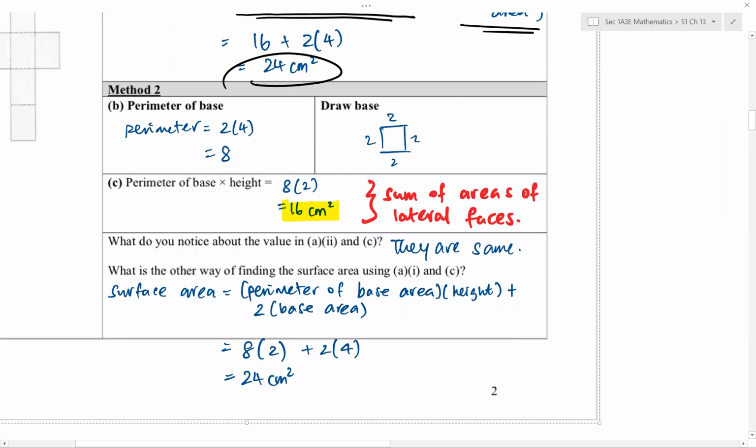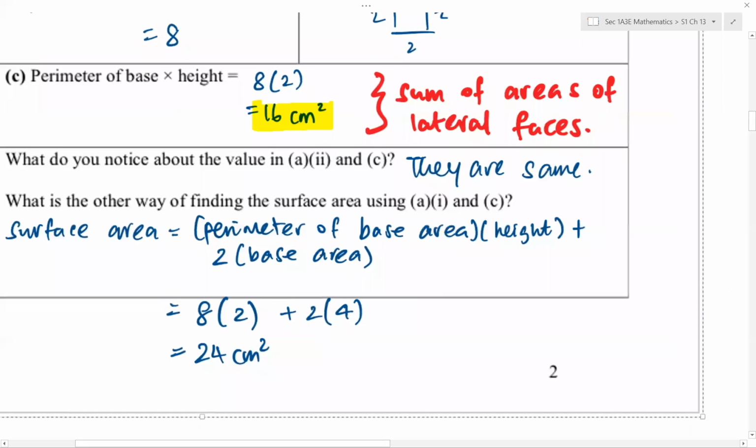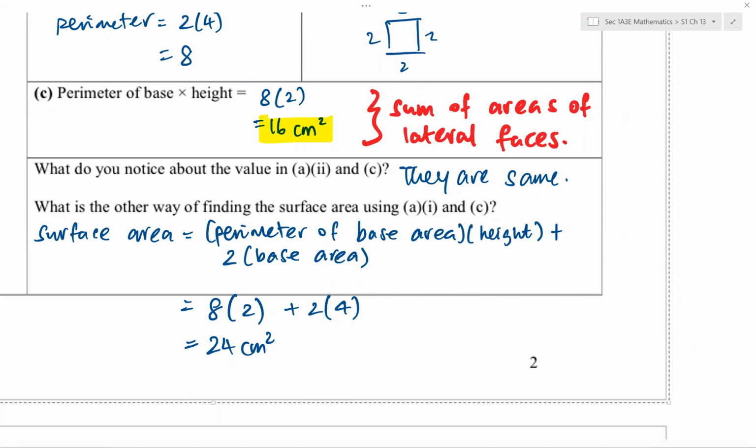Well, if you're okay, then you can go ahead and memorize this formula. The total surface area is given by perimeter of the base area multiplied by the height, plus 2 times the base area. Okay? Very good. The rest, I hope you can afford.